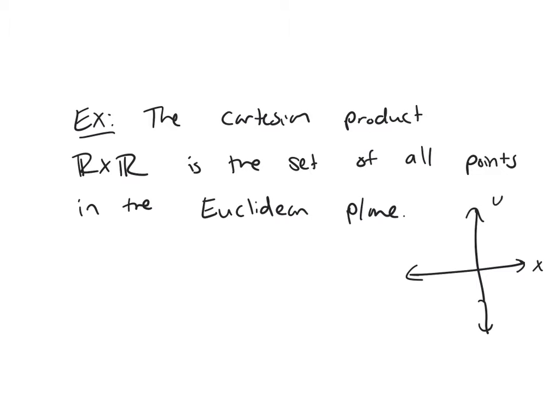X and Y, all of the points in the plane here, that would be that Cartesian product, R cross R.